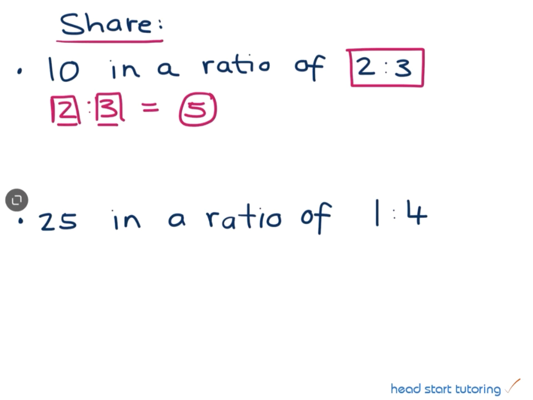So if we only have 5 sweets altogether, I am going to end up getting 2 sweets and you will get 3 sweets. If we have got 10 sweets altogether, I am going to get 2/5 of those 10 sweets and you are going to get 3/5 of those 10 sweets.